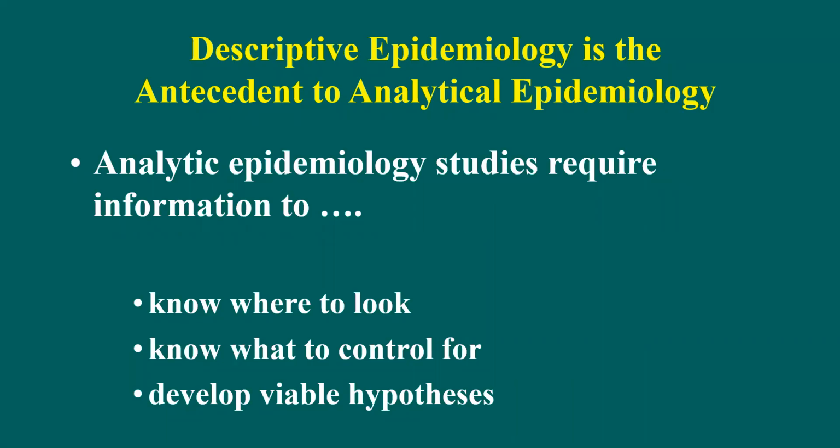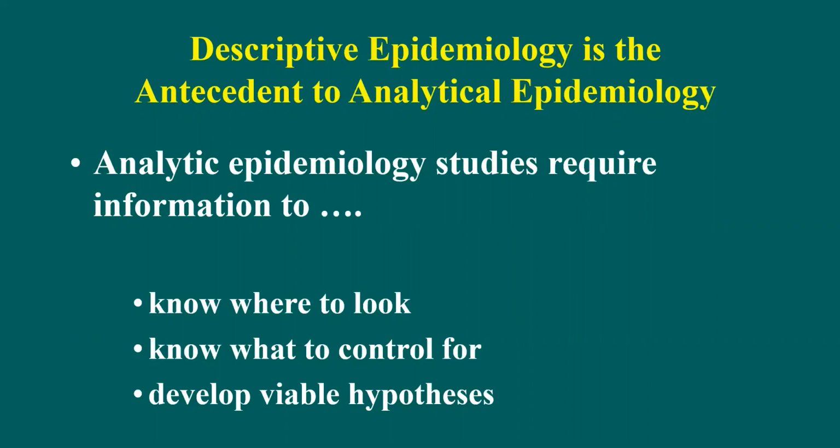So from this, descriptive epidemiology is like an antecedent to analytical epidemiology. Analytical epidemiology studies require information to know where to look, to know what to control for, and to develop viable hypotheses.